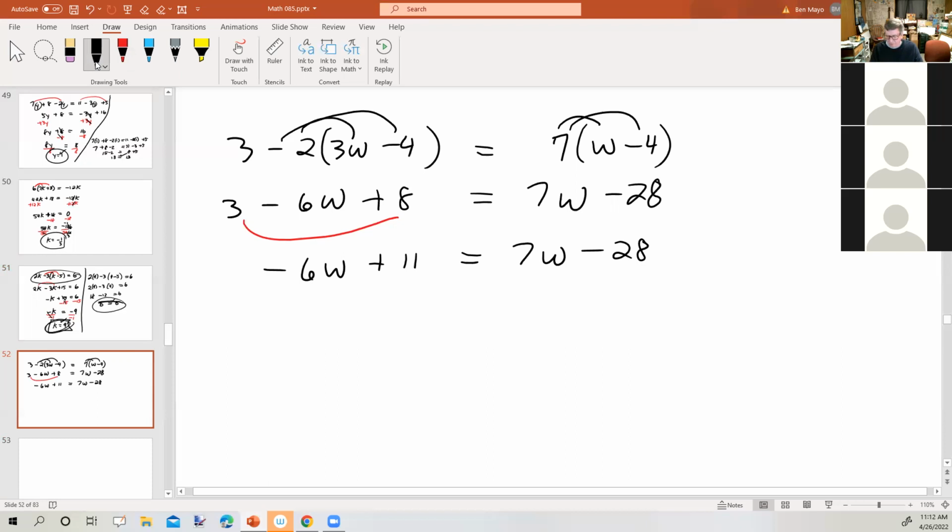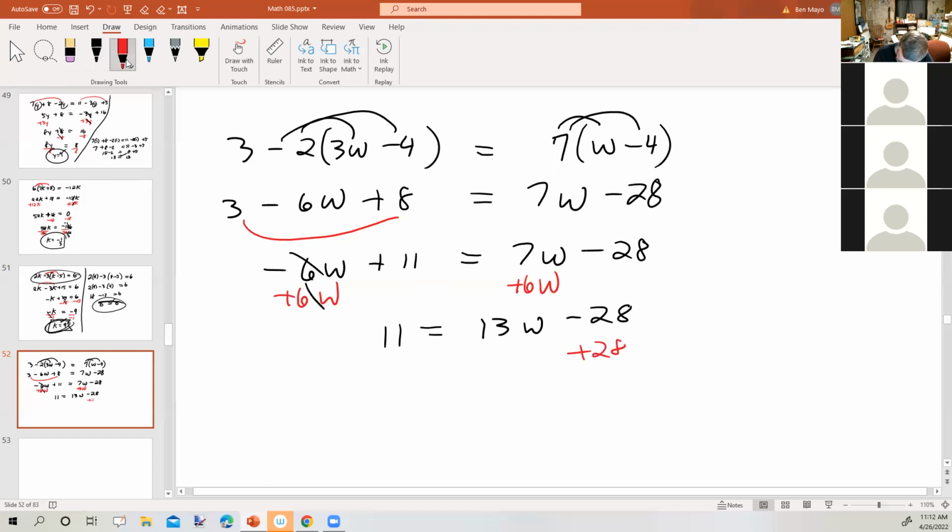I'm going to go ahead and solve for W. I'll do it on the right this time. So I'm going to add 6W to both sides. 11 equals 7W plus 6W is 13W minus 28. I have all the W's on the right, so let's put all the constants on the left.